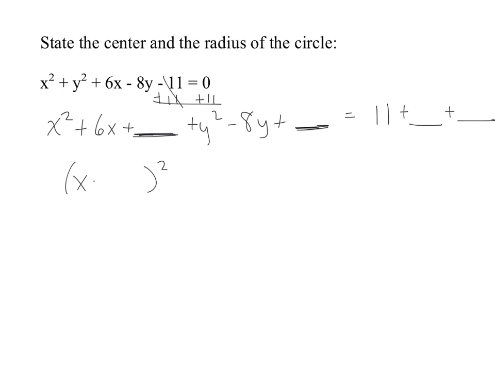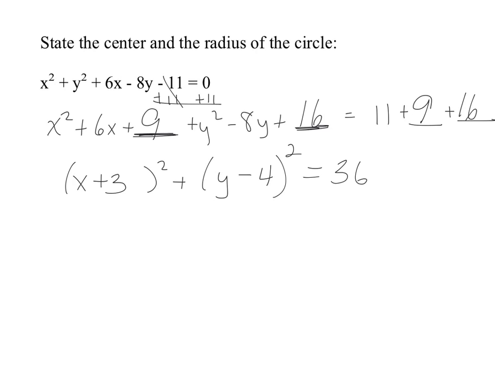So it's x plus 3, squared, and that's a 9. And here this is y minus 4. Square it, you get 16. And so that is 36. Our center is negative 3, 4, and our radius is 6.